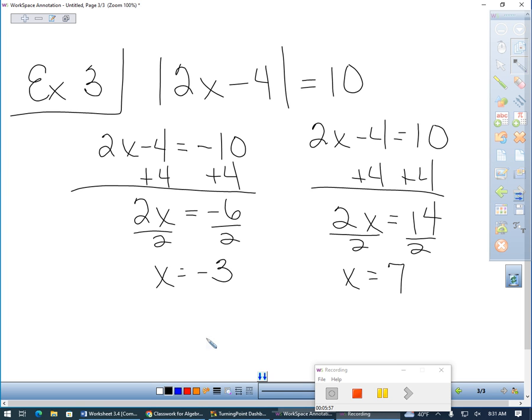Now, here's the next thing I want to talk about. Did you notice every one of these, what I said, was the absolute values all by itself, so we can write two equations. So what if it's not?